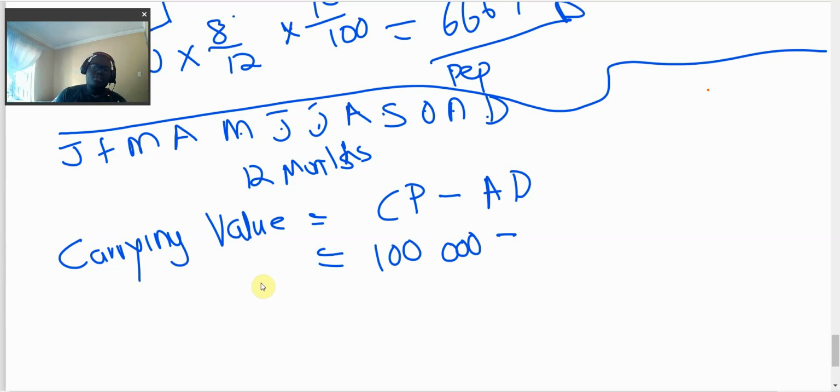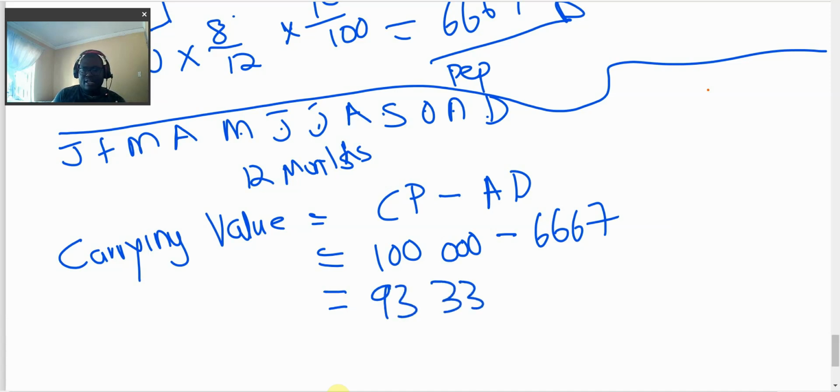So the accumulated depreciation is that 667. Remember, accumulated depreciation is a combination of yearly depreciations. So we must get the carrying value. So 100,000 minus that 667 gives us 93,333.